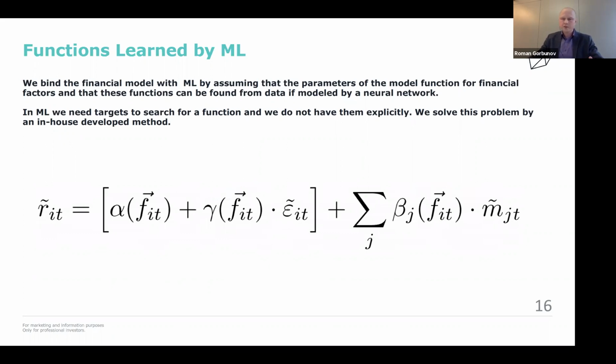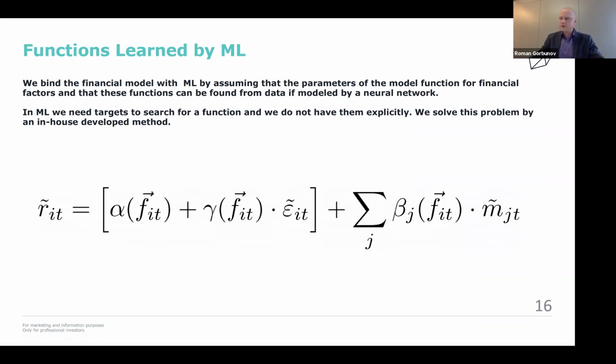The same assumption we make about gamma and beta. So we say, as soon as we know the factors associated with the stock, we can use these factors as input to some unknown functions. And with these functions, we can calculate alpha, beta, and gamma. And the only problem that we need to solve is to find those functions. And this is exactly what we do with machine learning, because machine learning is about finding functions based on data.